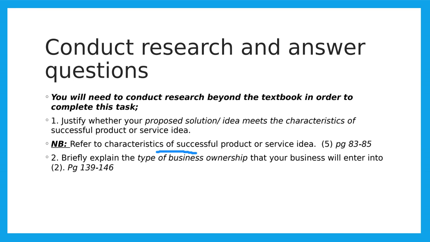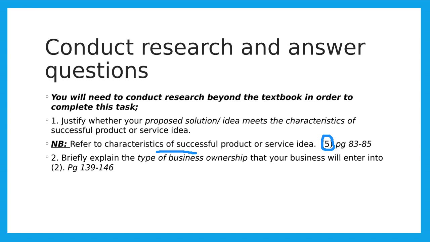Just to reiterate how the question is structured for the 5 marks, you're going to take the characteristics and you're going to justify. Justify means explain, prove why your product is going to be successful. You would say, we've spoken about there being a need.